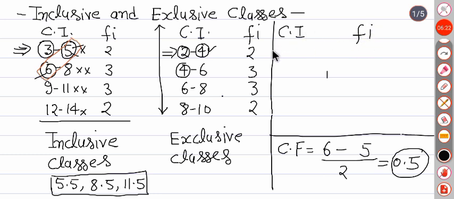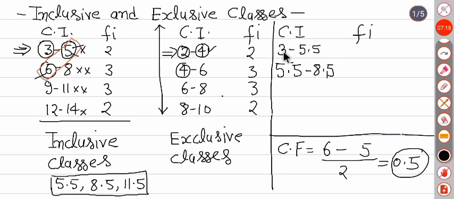So 3 to 5.5, thereafter 6 to 5.5, 5.5 to 8.5.